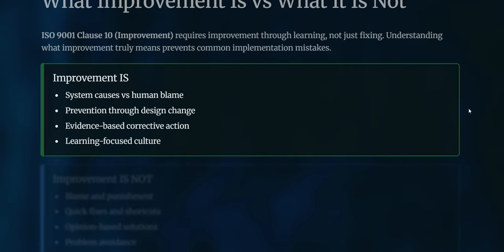Now, according to ISO 9001, Clause 10, improvement is systematic causes versus human blame. Improvement is prevention through design change. Improvement is evidence-based corrective actions. And improvement is a learning-focused culture.